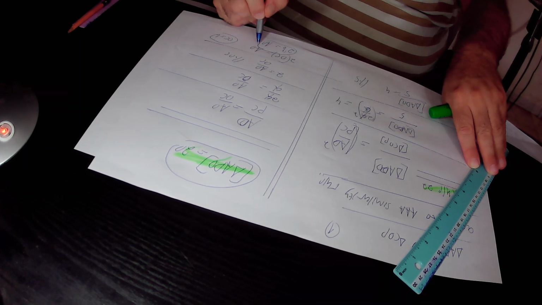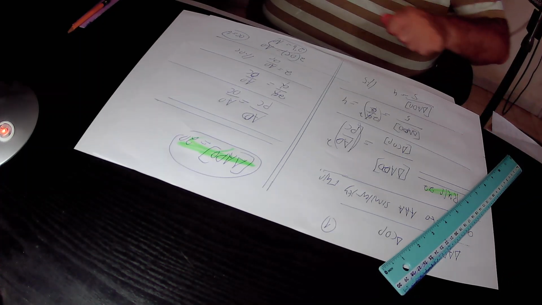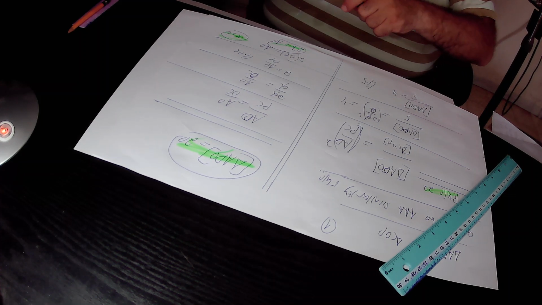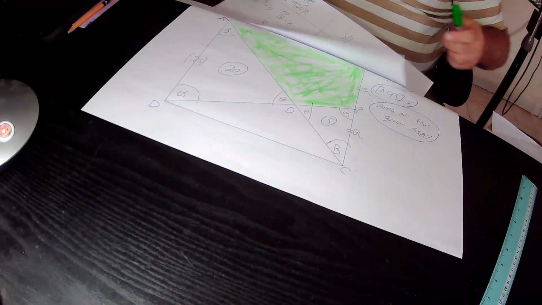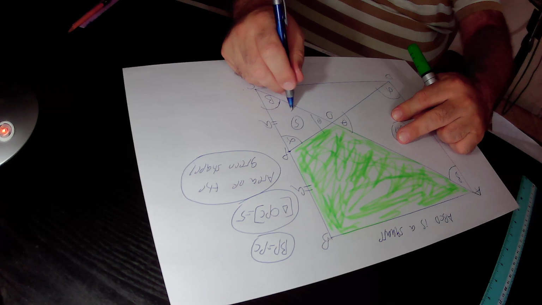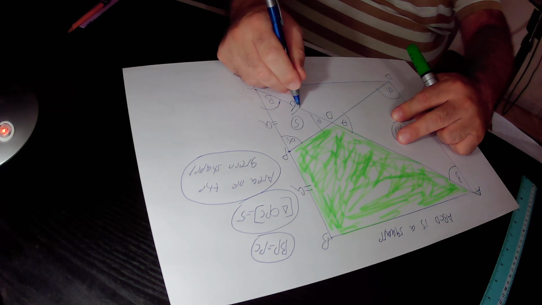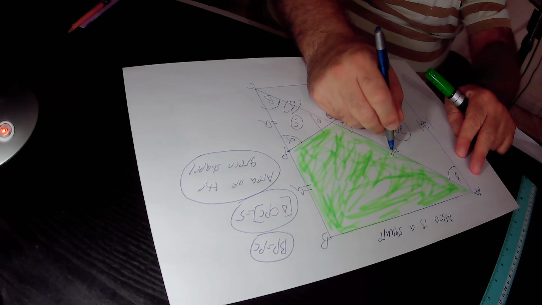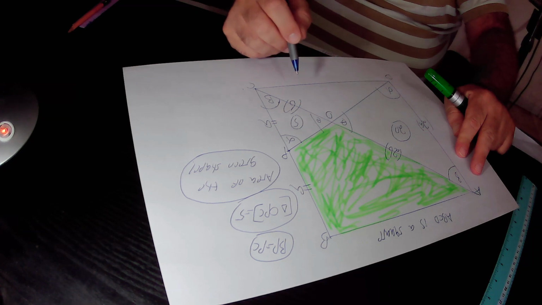So we found out that if OC equals B, then AO is 2B. That is to say, AO is twice as big as OC.